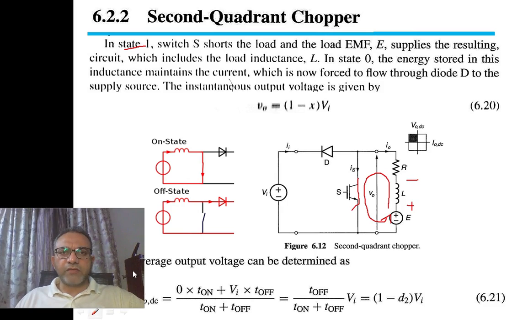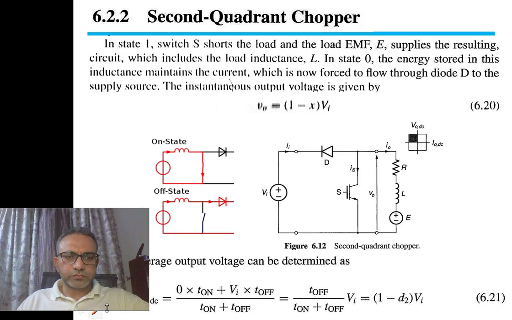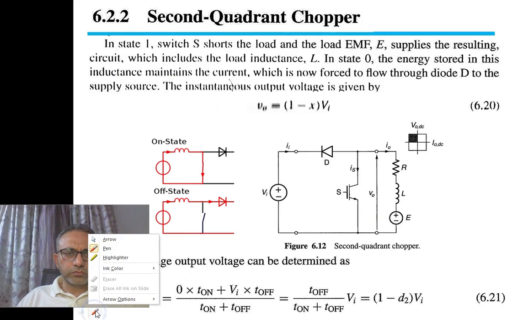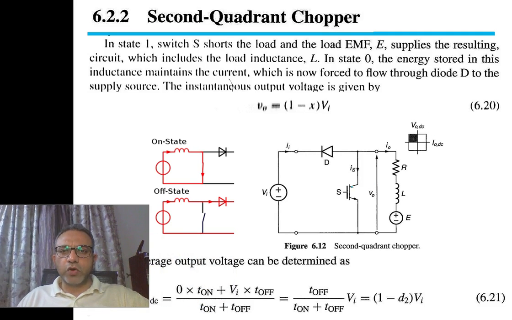After this, in state 0, the energy stored in this inductance maintains the current, which is now forced to flow through the diode D into the supply source. What is happening now? The switch is open in state 0. It is open now, but the inductor has current.